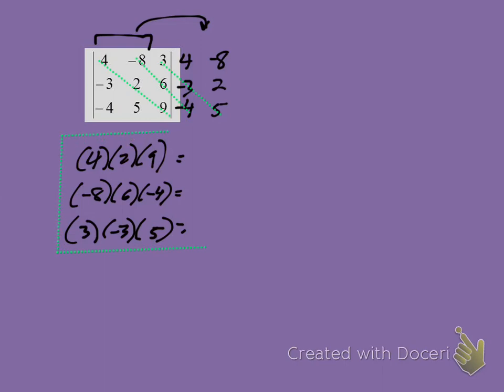You don't have to do this color part, but that's what that entails. Okay. So you start at the top left, and you go down diagonally once, twice, 3 times. Okay?